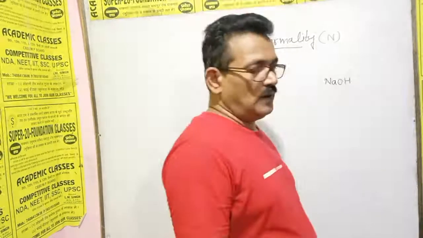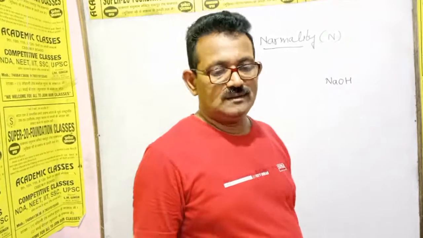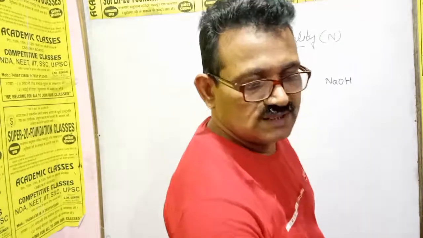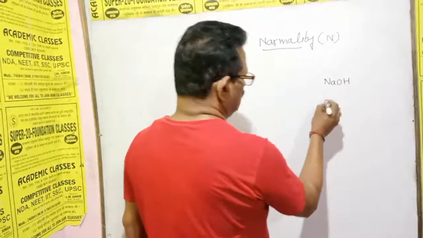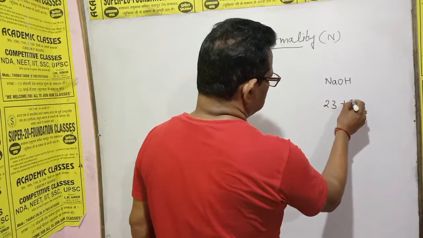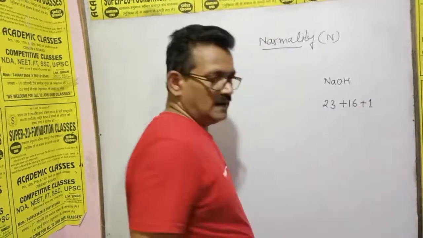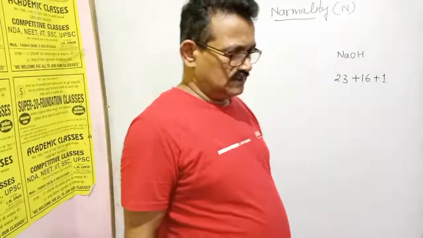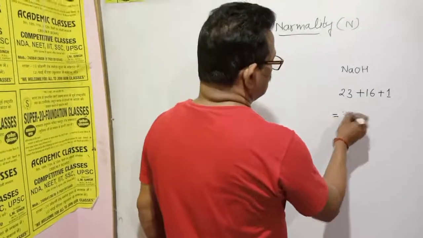Sodium has atomic mass 23, oxygen is 16, and hydrogen is 1. Then the total molar mass is 40.